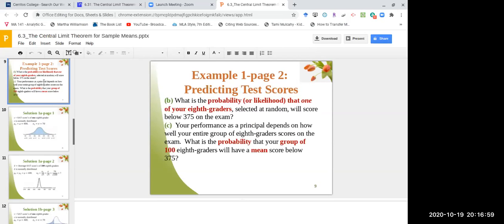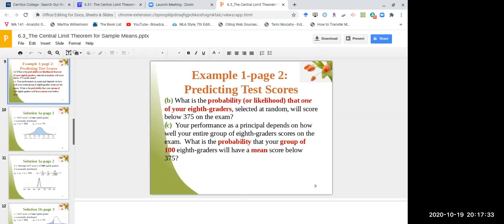What is the probability or likelihood that an eighth grader selected at random will score below 375 on an exam? So here you're a high school principal and you want to know the likelihood for one particular person, and then in C it says a group of 100 will have a mean below that. Part B was what you did in 6.2.